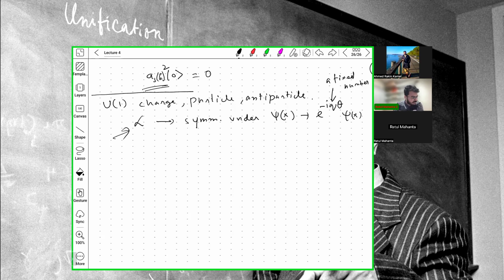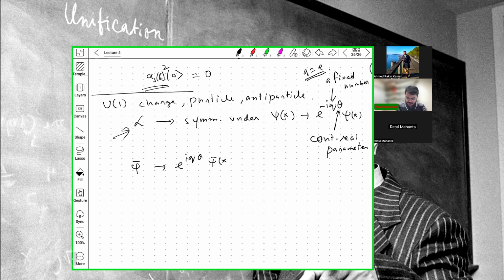The Lagrangian can be written in this form, and theta is a continuous real parameter. So it is a continuous symmetry. You can take Q equal to the electron charge, no matter, but theta is the continuous parameter, and psi bar goes to e to the power i q theta psi bar of x.